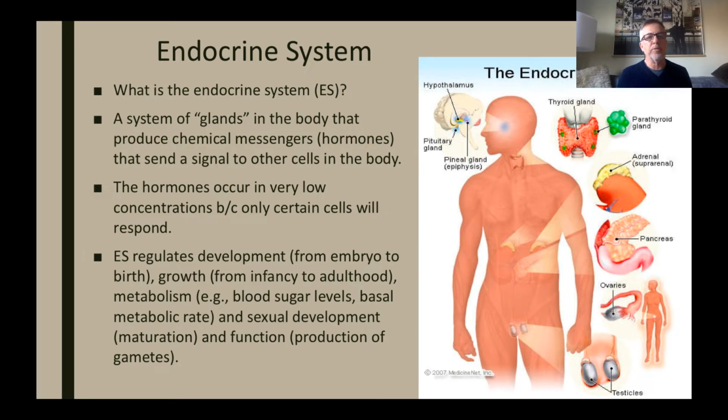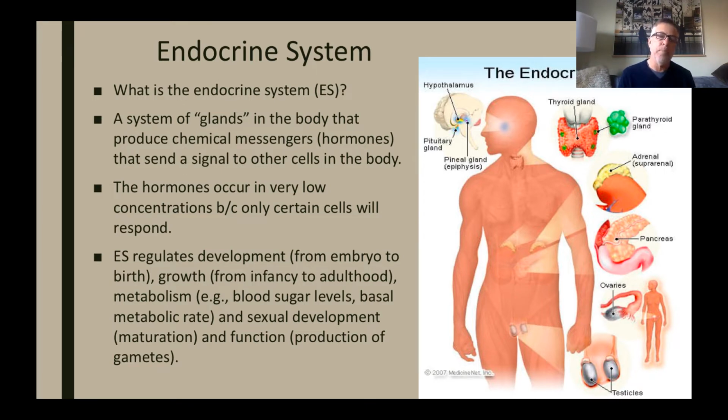And just to talk about what the endocrine system does in general, it regulates development, which is the process by which a fertilized egg differentiates into the body of an infant that is born. It regulates growth from infancy to adulthood. It regulates metabolism, the rate at which you carry out chemical reactions in your cells.